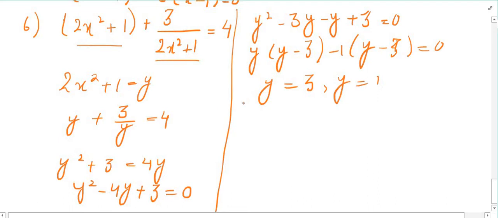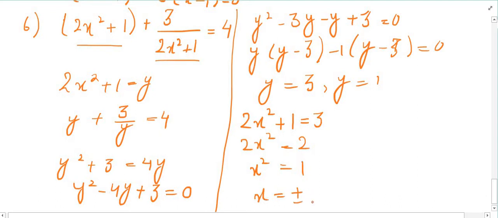Now again substitute the y. 2x squared plus 1 equals 3. This is 2x squared equals 3 minus 1, which is 2. This is x squared equals 1. Now take square root, which is plus minus 1. Okay. 2x squared plus 1 equals 1.